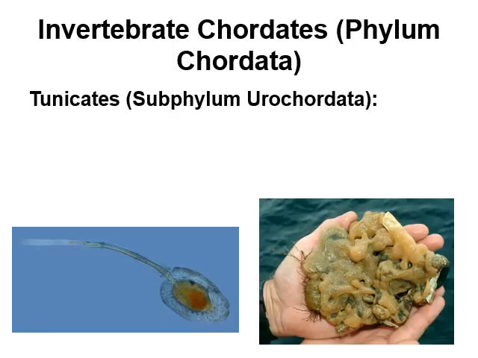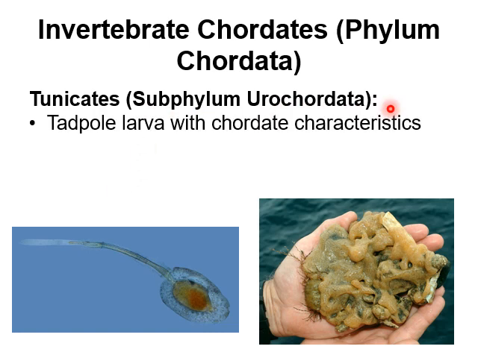So let's talk about the tunicates, which are the one group of invertebrate chordates that I want to discuss. This is known as the subphylum Urochordata. And what you're looking at here is an organism that has a larva that looks like a tadpole. This tadpole larva has gill slits and the characteristics of chordates.